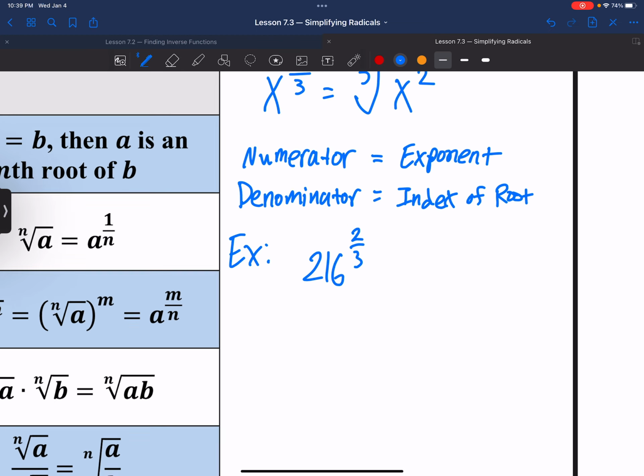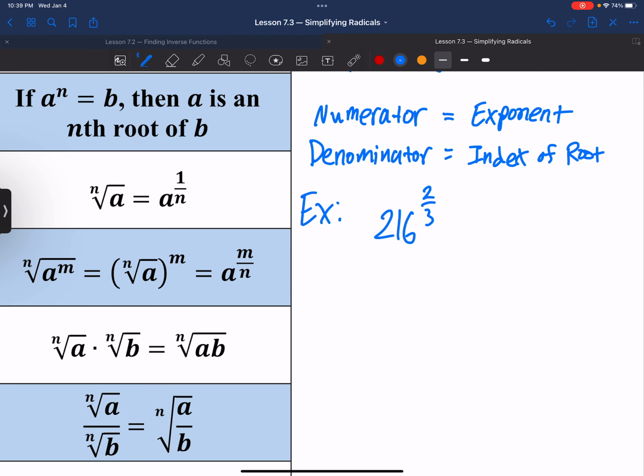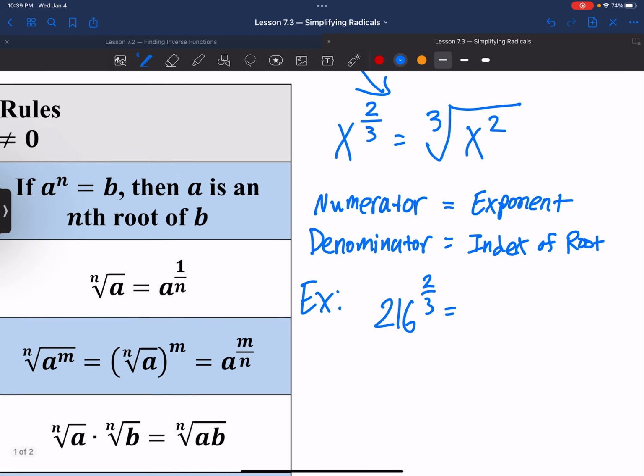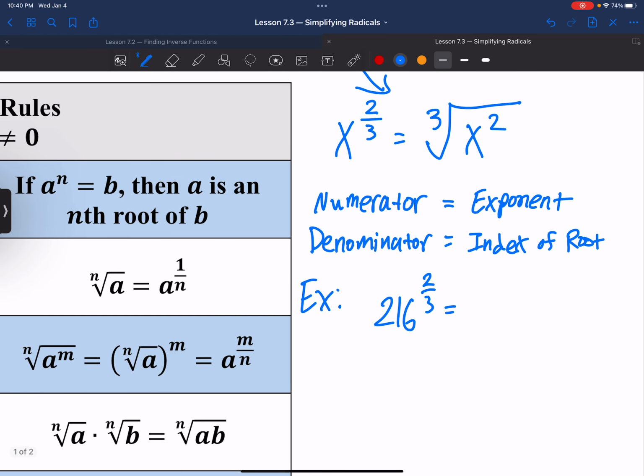Now, look, you could be sly and use a calculator on this, but let's think about this creatively. If I use this rule that I've listed up here, this is the cube root of 216 squared. Well, shoot.